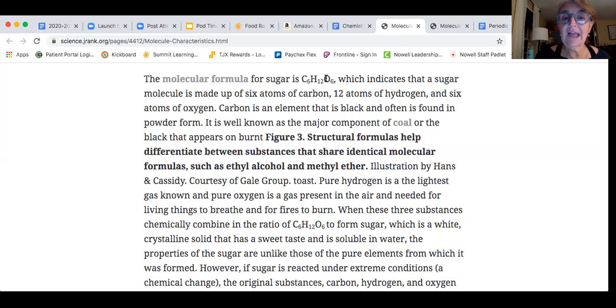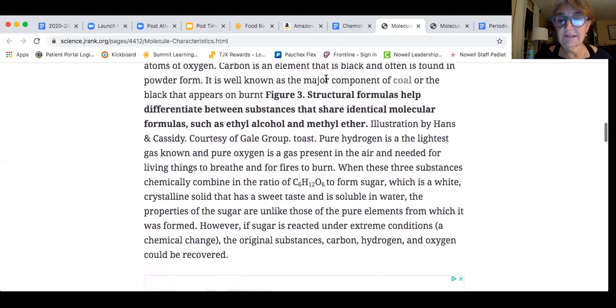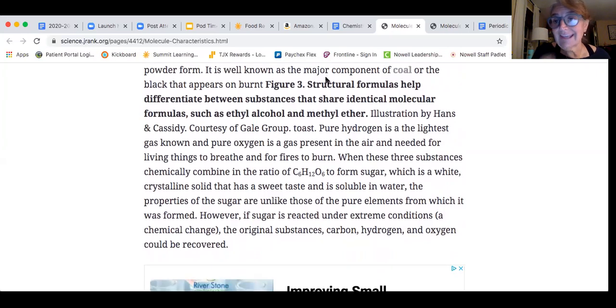So we know that hydrogen is the lightest gas known, and we know that oxygen is also a gas in the air, and it's needed for living things to breathe, and it causes fires to burn.